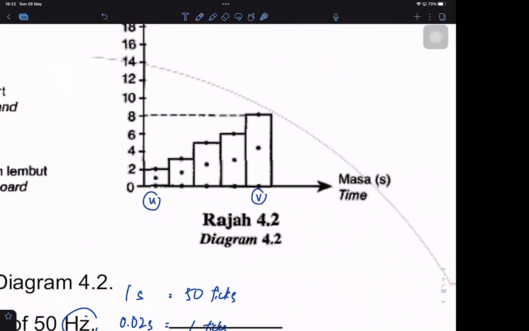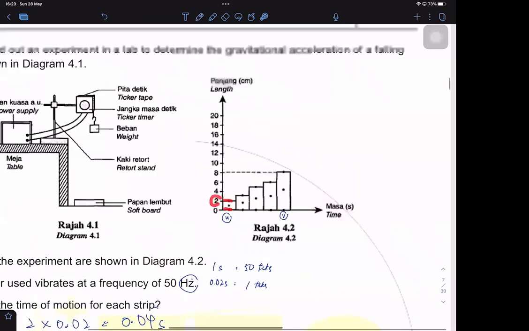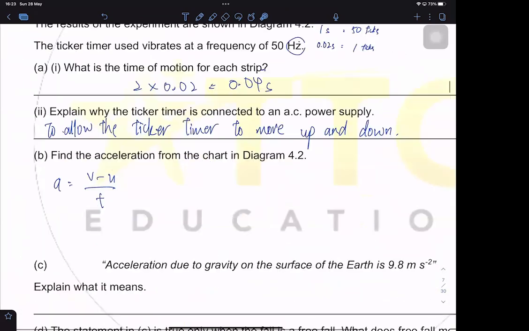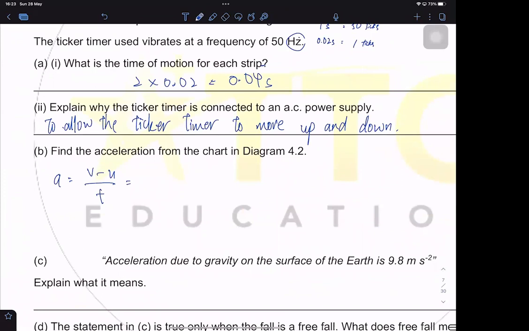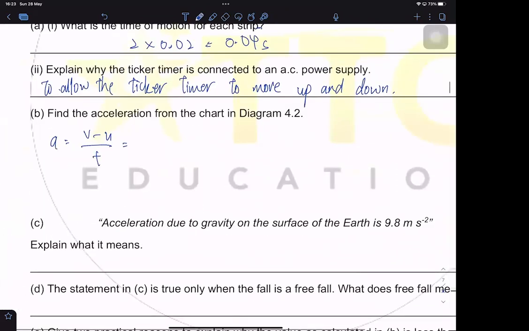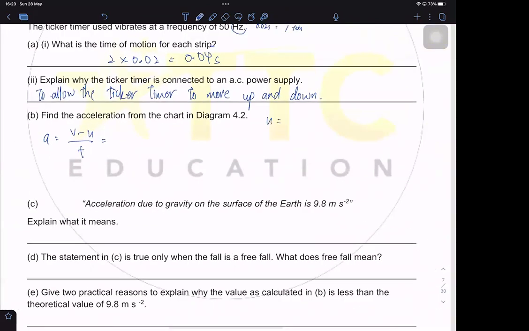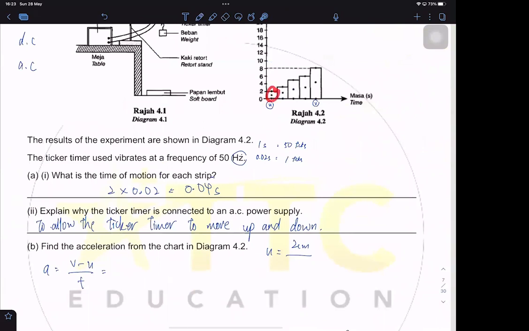So velocity is distance divided by time. The distance of the first strip is 2 cm. I write it at the side first. U is 2 cm divided by the time. Now we already know that for one strip, the time is 0.04, because it's 2 jumps.